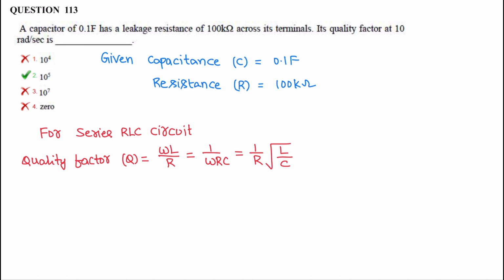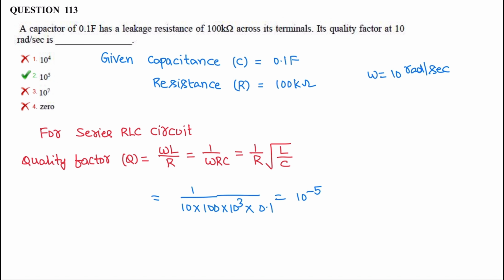So for series RLC circuit, quality factor is given as Q is equal to omega L by R, 1 by omega RC, or 1 by R root L by C. Omega is 10 radians per second and resistance is 100 kilo ohms, capacitance is 0.1. So quality factor is 10 power minus 5 for series RLC circuit.